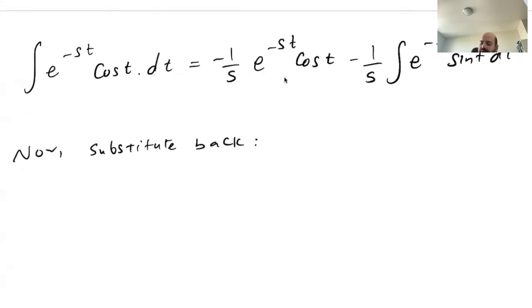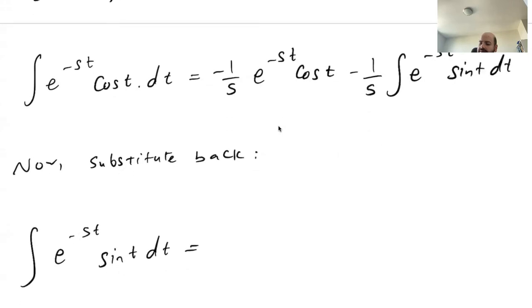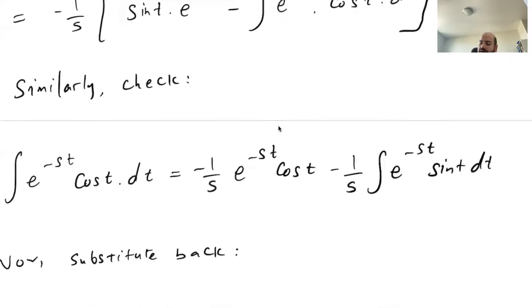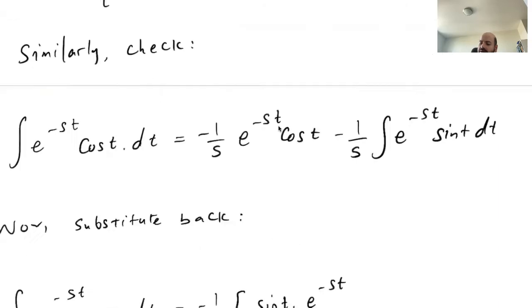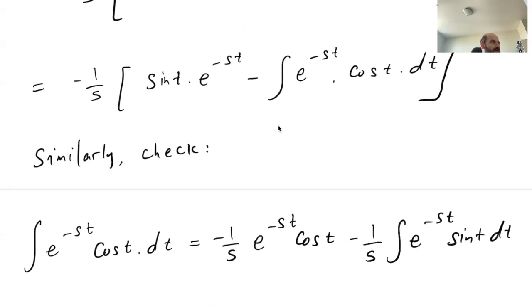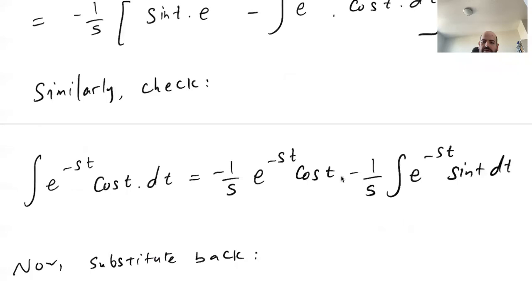We get integral e to the power minus st sine t dt equals minus 1 over s, which is outside, times inside we will have sine t e to the power minus st minus this integral, which was minus 1 over s e to the power minus st cos t minus 1 over s, this integral.